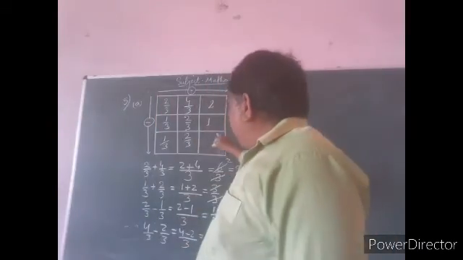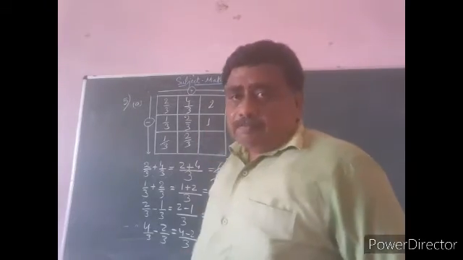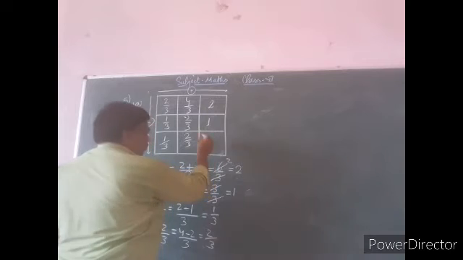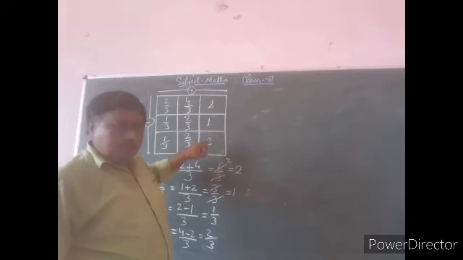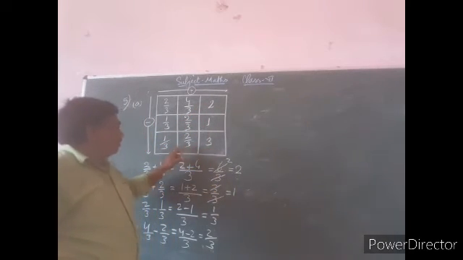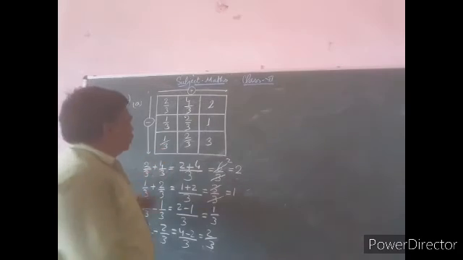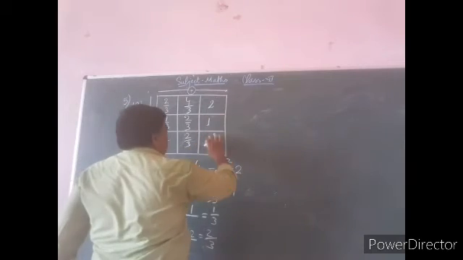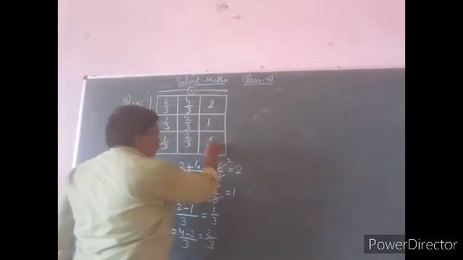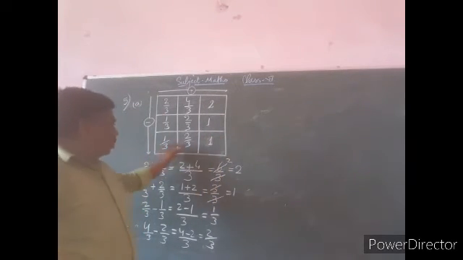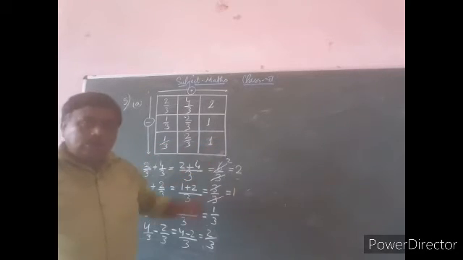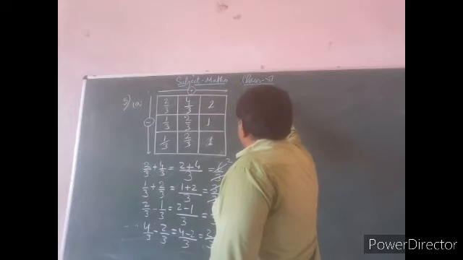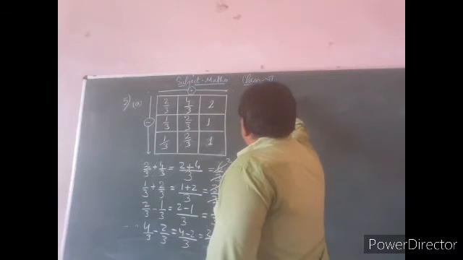Now one box is remaining. 2 plus 1, 3. You can check. 2 minus 1. Here we have to subtract column wise. So 2 minus 1, it is 1. And row wise we have to add. So 1 upon 3 plus 2 upon 3.